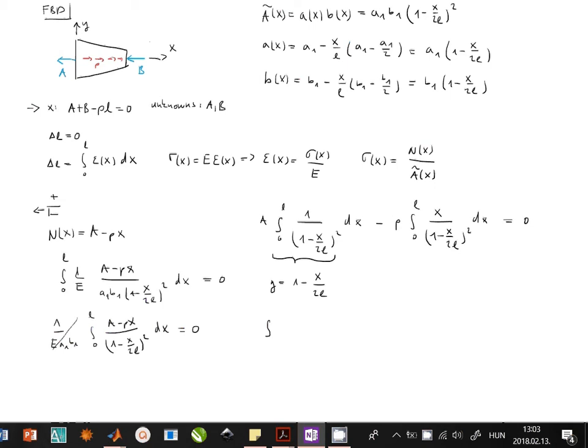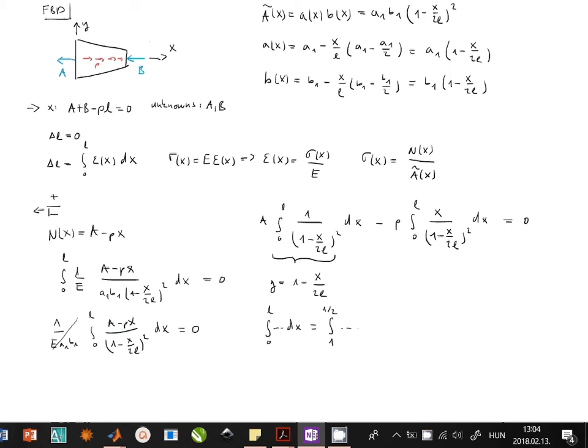And this will change our integral from 0 to L dx to an integral where x equals 0 gives y equals 1. If we substitute 0 for x in this expression, we get 1 for y, so we have to integrate from 1. And the upper bound is x equals L, but if x equals L, we have 1 minus 1 over 2 for y, which is 1 over 2.